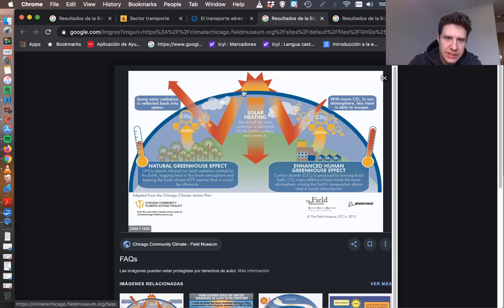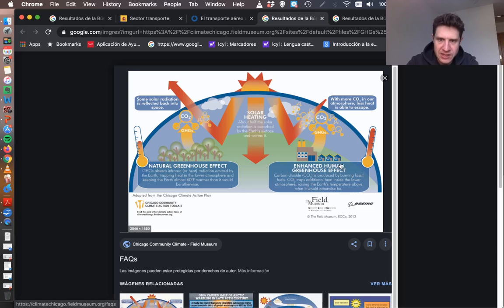If you can see here, the arrows are really thick here, and this one is really thin, muy pequeñita. Casi muy poca energía calórica se puede desechar, because here we have a layer that doesn't allow the heat to go to space.